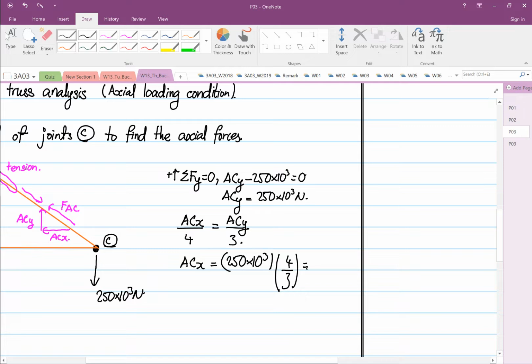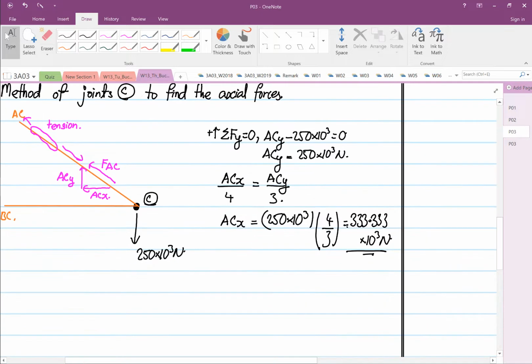So it's equal to 333.333 times 10 to the power 3 Newton. Okay, so that's your ACX.